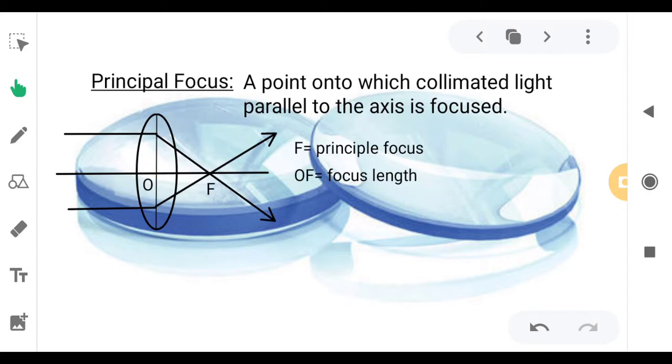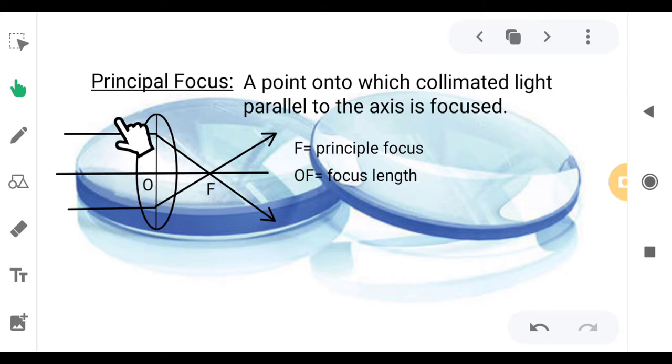Next one is what is principal focus? Principal focus is nothing but a point onto which collimated light parallel to the axis is focused. Means these collimated lines parallel to the axis come and pass through the convex lens and are focused to a single point.